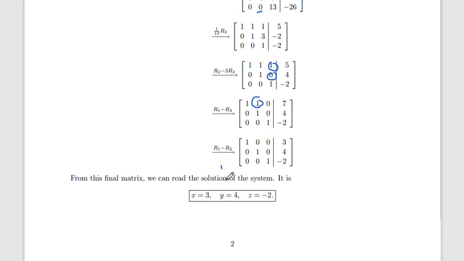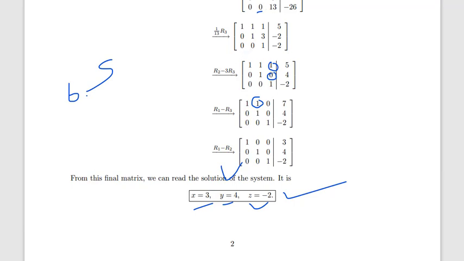So we have an identity matrix and we now directly have the answer: x is equal to 3, y is equal to 4 and z is equal to -2. So in Gauss-Jordan we have a direct answer, but in Gaussian elimination, with the help of back substitution, we have to solve the equations to get the answer.